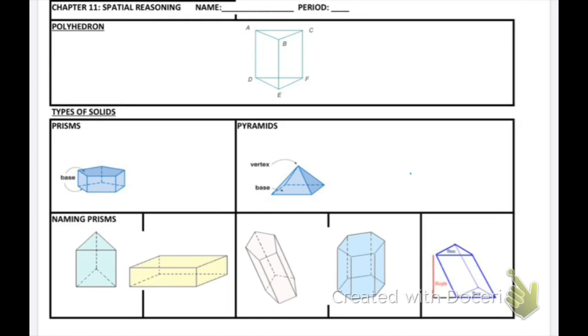For a polyhedron to be a polyhedron, what we need is a closed three-dimensional solid that's bounded by polygonal faces.